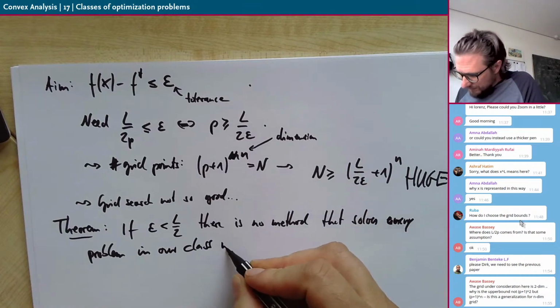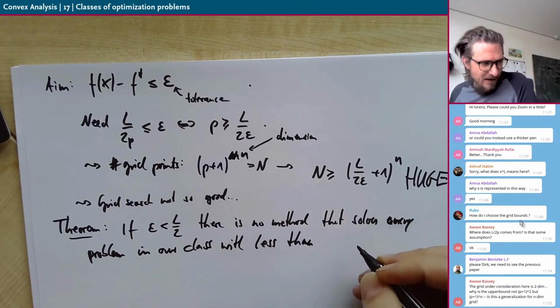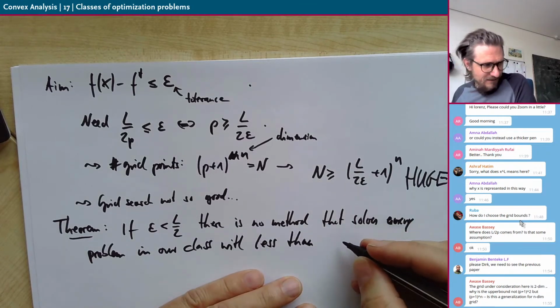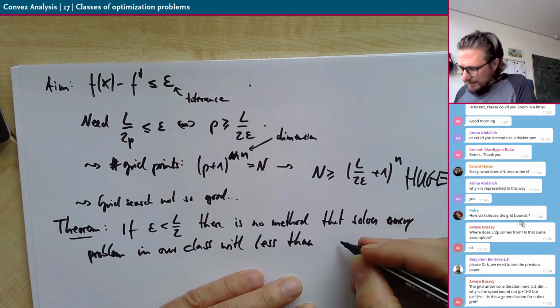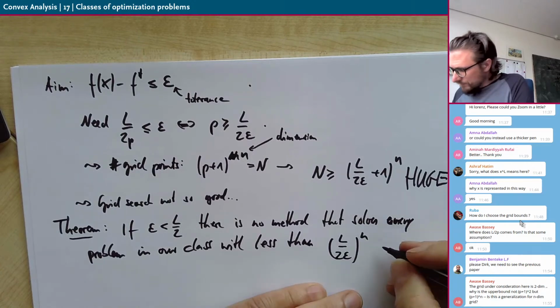Okay, with less than, let's say, L over 2 epsilon to the n function evaluations or so.